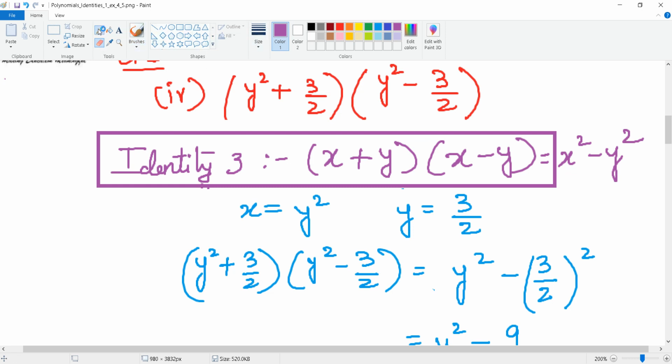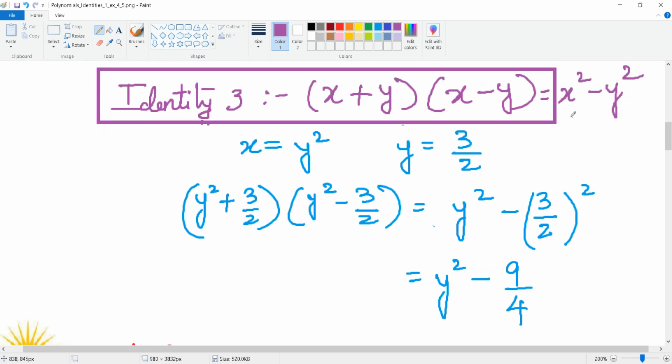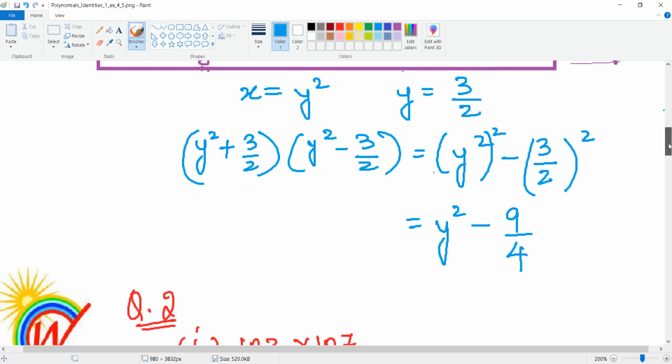So here, if you look at it, in place of x you have got y square, in place of y you have got 3 over 2, right? So we are going to use this formula. So the answer is x square minus y square. In place of x I am going to put y square, and that's also being squared. So x is y square, and x square will be (y square) square, minus (3 by 2) the whole square.